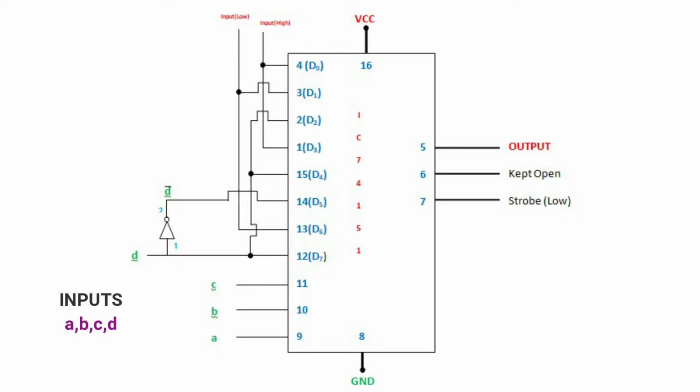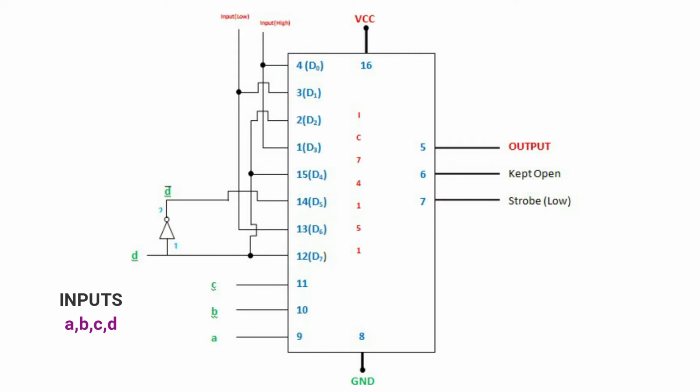We have the circuit diagram for the 8:1 multiplexer. Here you can see, as per the pin configuration that we have discussed, pin number 4 and pin number 3, which are acting as data inputs for D0 and D3, are connected to the input high.